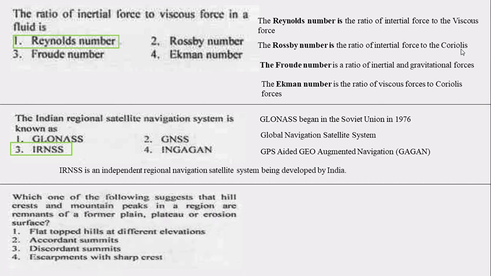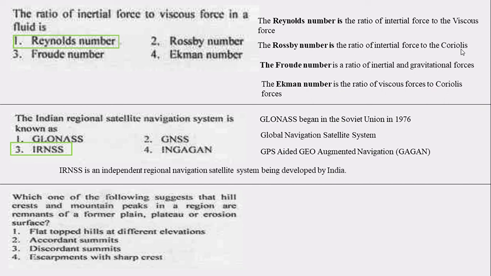And the next question is that which one of the following suggests that the hill crest or mountain peak in a region is a remnant of a former plateau or erosional surface. So there should be some indicators that show this is a residual mountain, that is what they are asking for. The flat topped hills at different elevations, that could not be a direct evidence for the residual mountains.